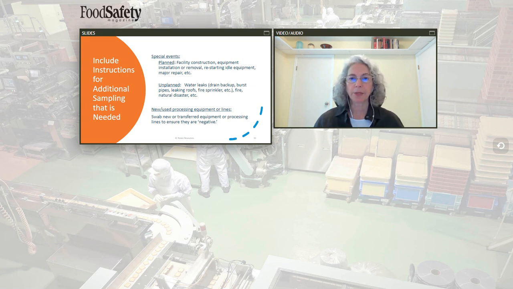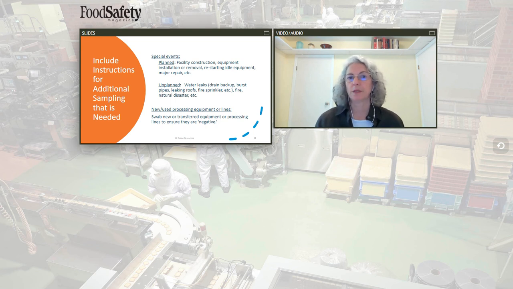A lot of packing houses are idle for months at a time during the off season. Make sure you have written up in your plan procedures for doing additional swabbing during these times. And while you can't think of every possible contingency, at least have the main structure of how you want to approach this and how you want to do your swabbing.